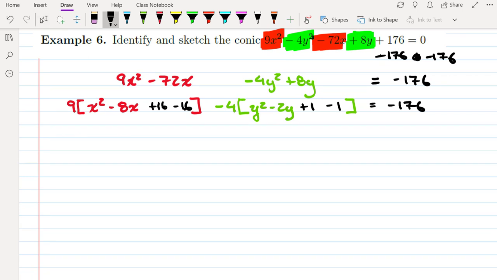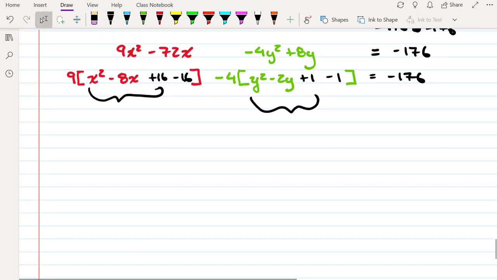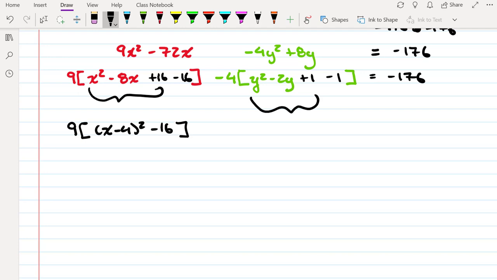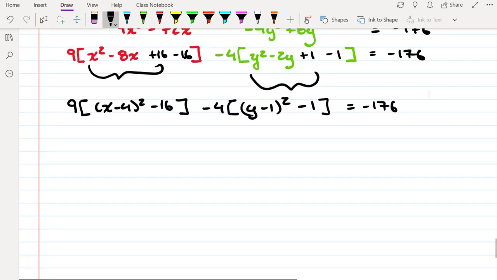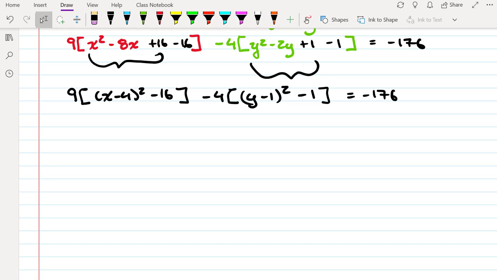So now we factor the perfect square trinomial that we made in each of these. And that gives us 9 times (x minus 4) squared minus 16, minus 4 times (y minus 1) squared minus 1 is equal to negative 176. And then we open our parentheses by distributing, and we get 9 times (x minus 4) squared. 9 times negative 16 is negative 144.